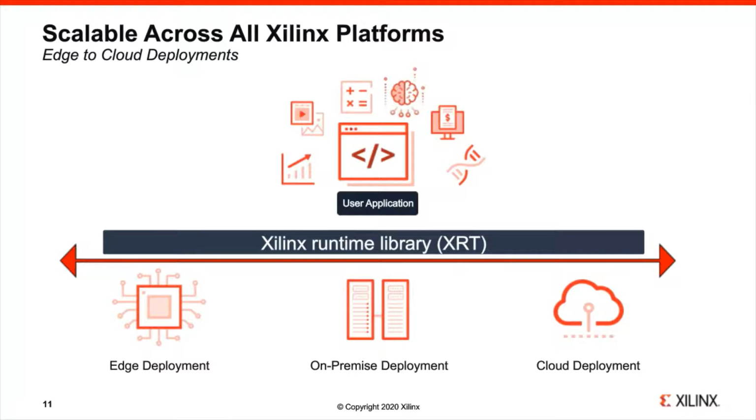Now, fundamentally, what enables this platform-agnostic development in Vitis is the Xilinx runtime library that we briefly discussed earlier. Xilinx runtime library APIs help abstract the application development from the deployment platform itself. This means that you can easily port your algorithms from, for example, an embedded platform to an Alveo accelerator card or vice versa.